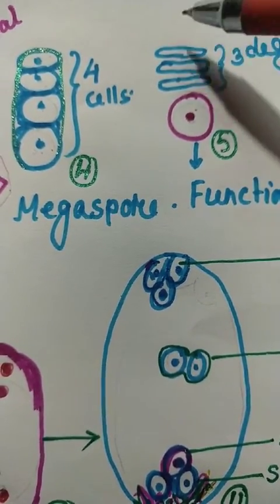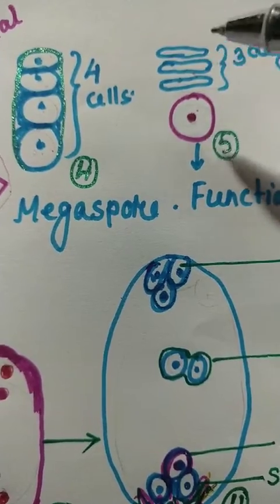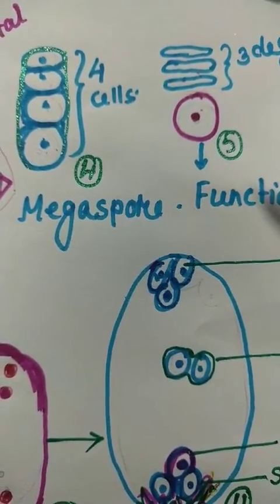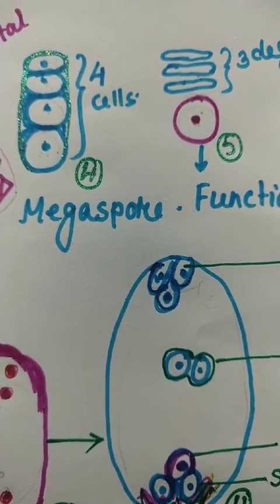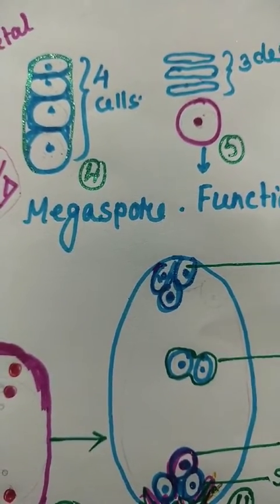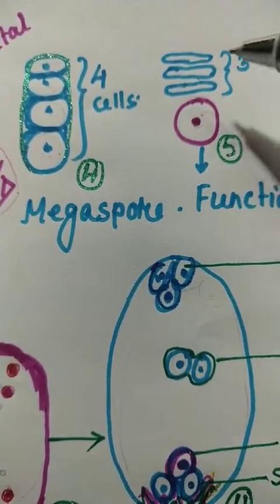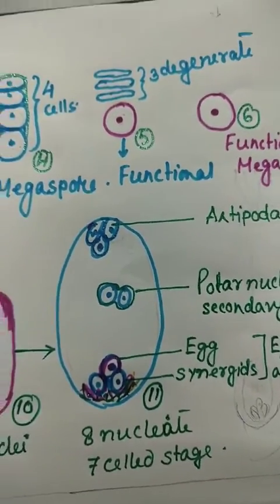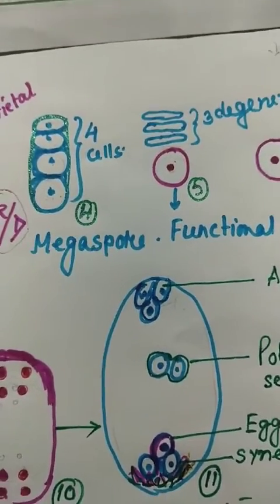This is called tetrasporic embryo sac development. However, in about 70% of angiosperms, the common type is monosporic embryo sac development.